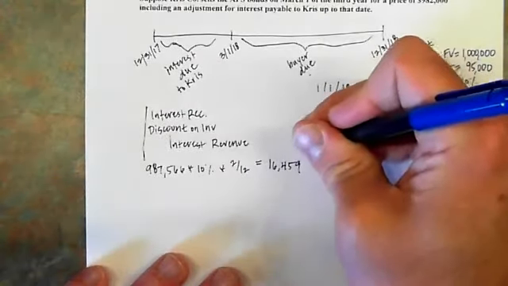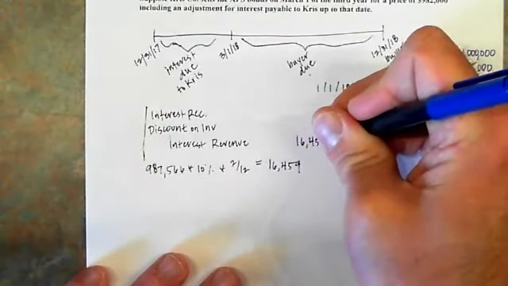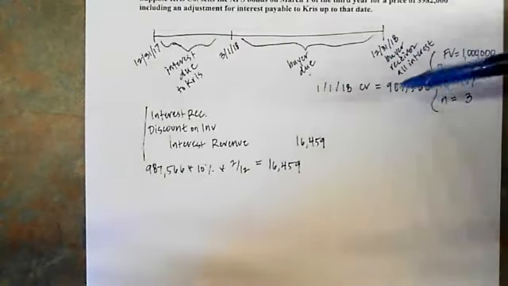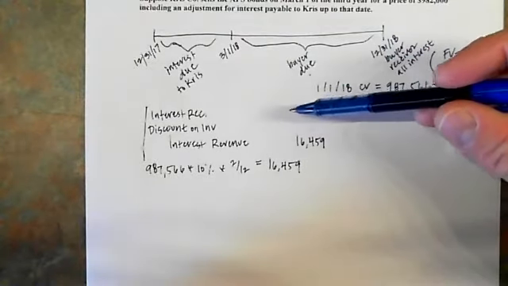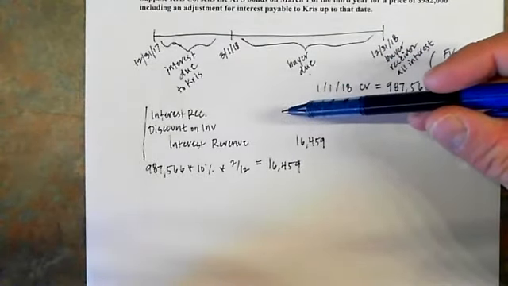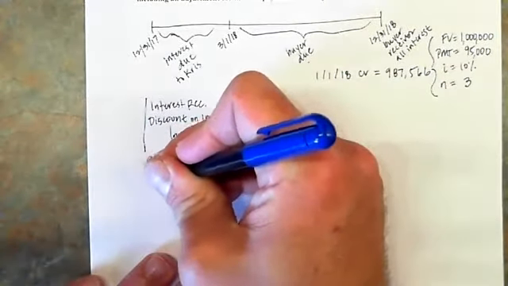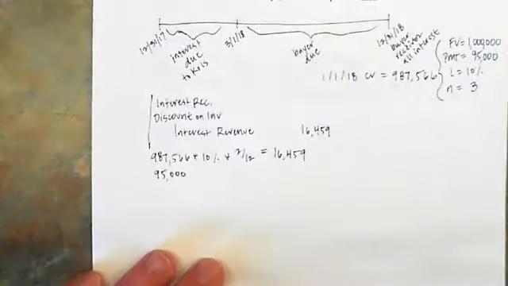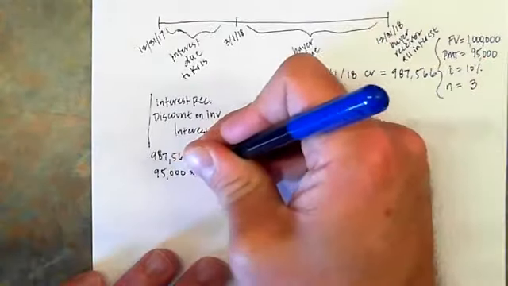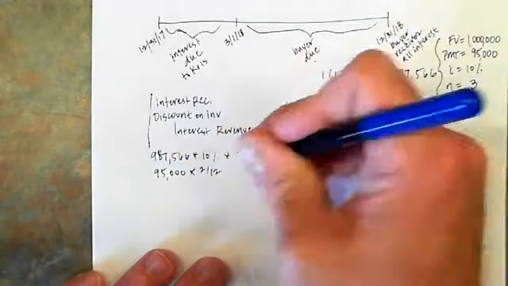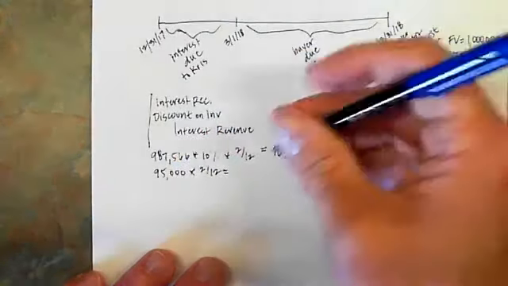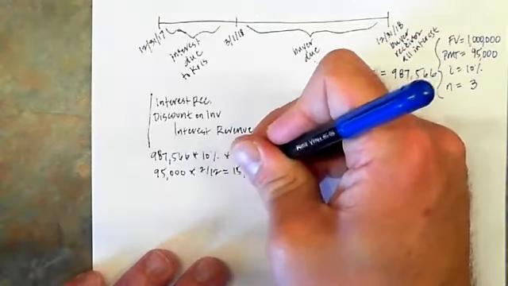And that becomes my interest revenue. Now, interest receivable is going to be calculated the same way a stated payment would, except that, again, we only want 2 months. So for the full year, our stated payment would have been $95,000. Multiply it by 2 out of 12 months, and that gives us $15,833.